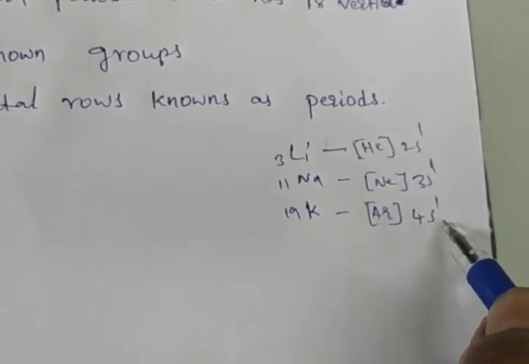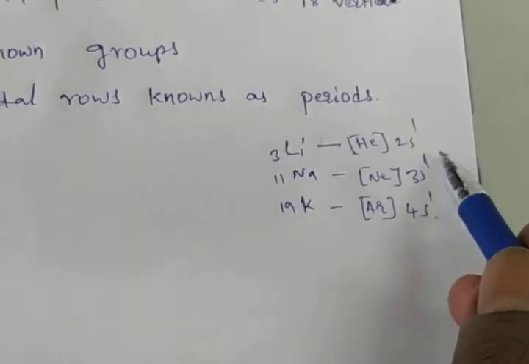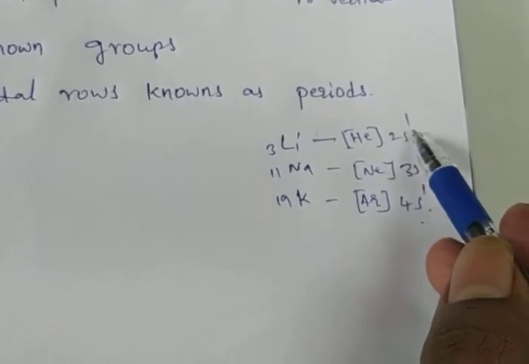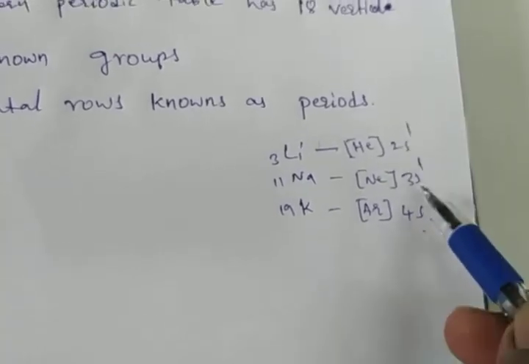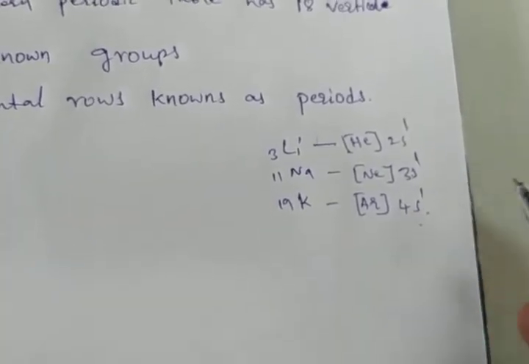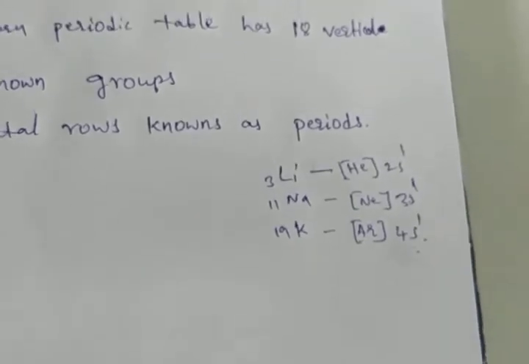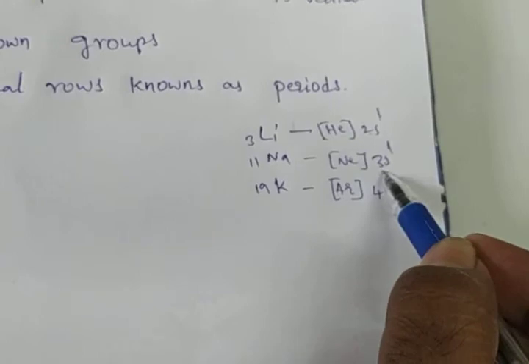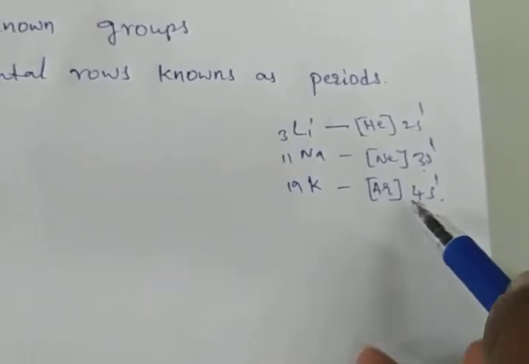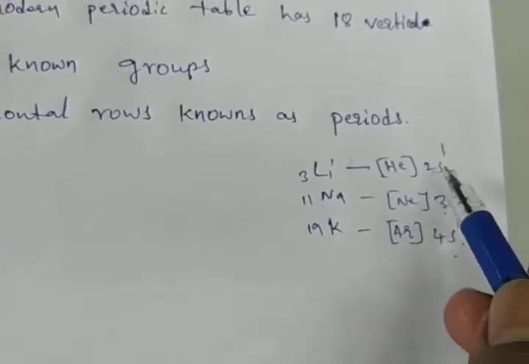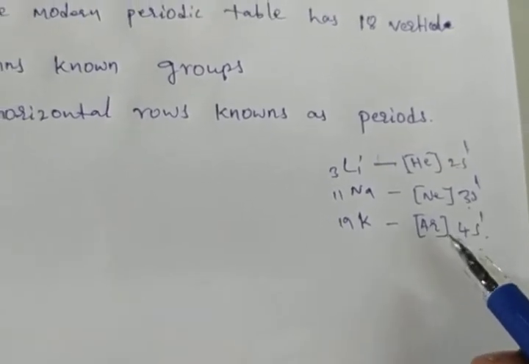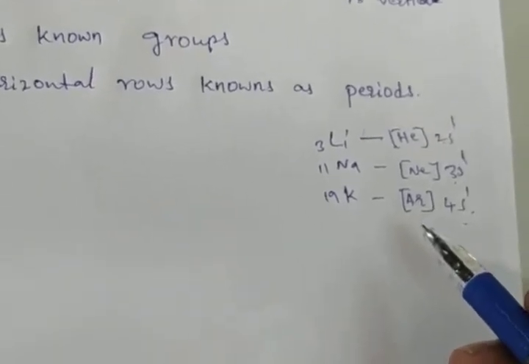What is the similarity in the group 1 elements? Look at the outermost electronic configuration, the outer shell electrons. How many electrons are there in the outer shell? Take any one: here 1 electron, here also 1 electron, here also 1 electron. But the shells are increasing: the second shell here, the third shell here, the fourth shell here. Shells are increasing, but the number of valency electrons is the same.